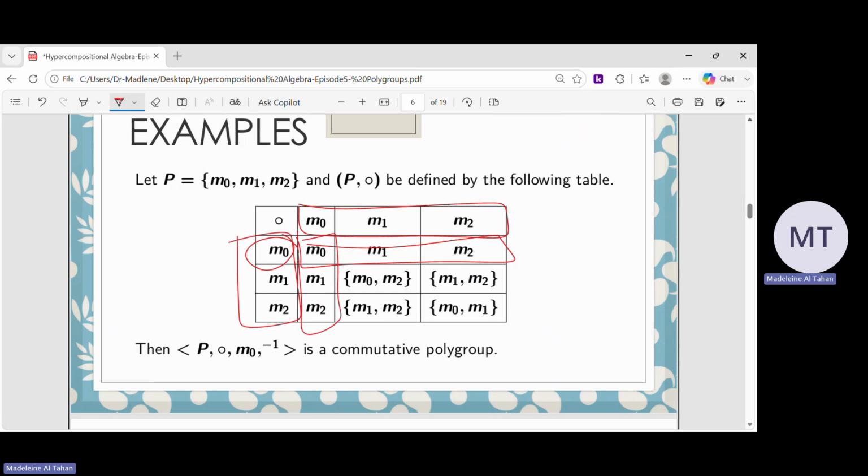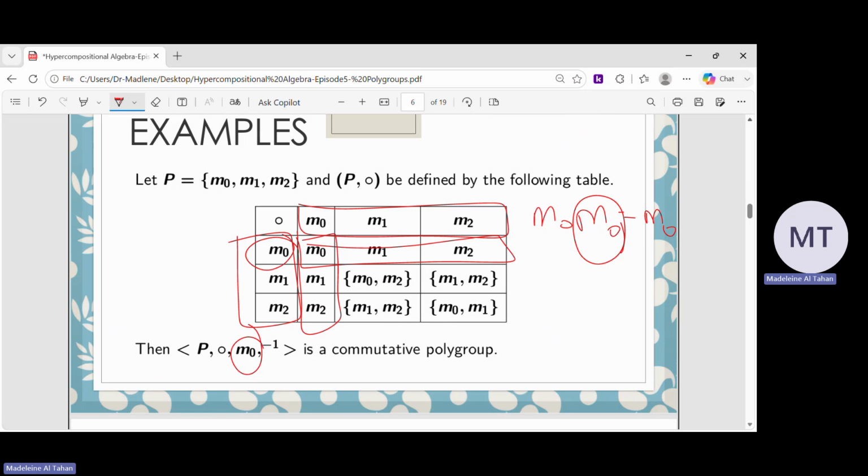The intersection between them is M0, and in this way, M0 is the identity element of this polygroup. Now, what about the inverse? M0 times M0 is equal to M0. So basically, the inverse of M0 is M0.